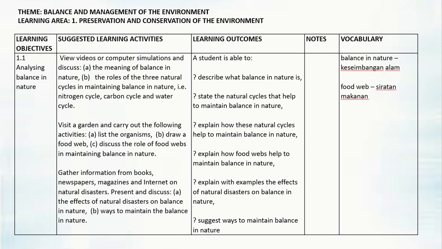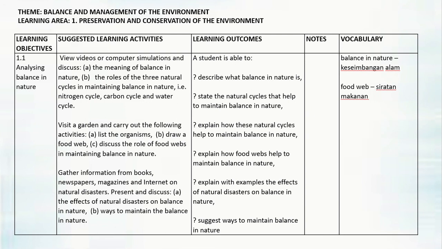In this curriculum specification, we use KBSM, which contains theme, learning area, learning objective, suggested learning activity, learning outcome, notes, and vocabulary. For this topic, analyzing balance in nature, which is also the same as one of the Japanese curriculum Earth Science.